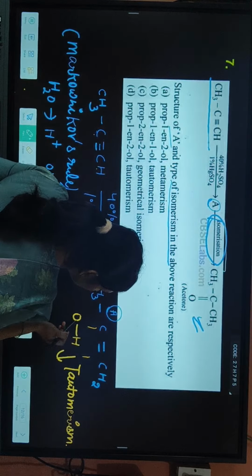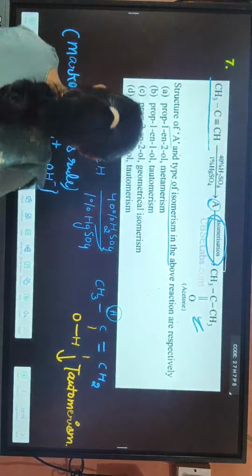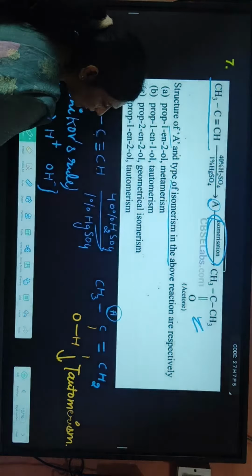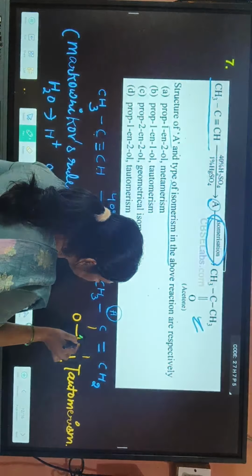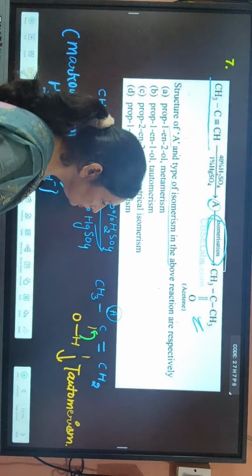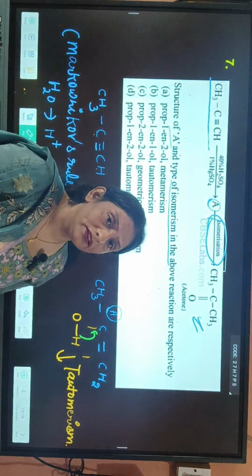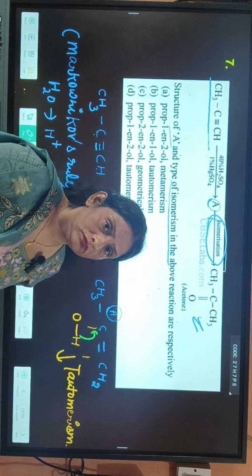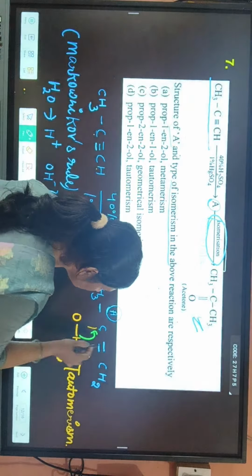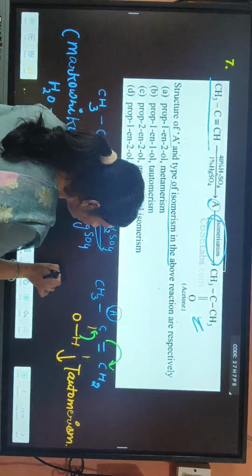This oxygen is more negative, so it will attract electrons towards itself. This bond will shift here. If this bond shifts here, then this carbon can make a maximum of 4 bonds. So finally what will happen? CH3.